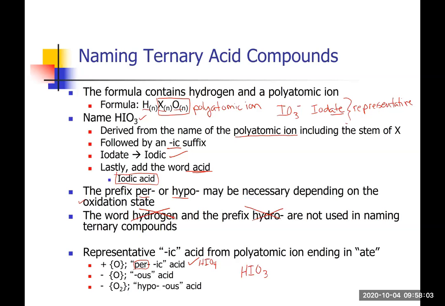Suppose we subtract one oxygen from the representative, meaning that I now have HIO2, where I've subtracted one oxygen from the representative. This would be iodous acid. Suppose I subtract two oxygens from the representative, and so now I have HIO. Now I'm going to add the prefix hypo- and keep the -ous suffix, and so now I have hypoiodous acid.